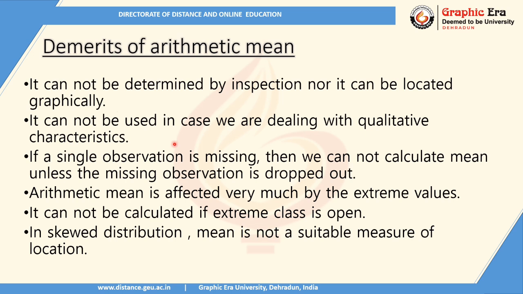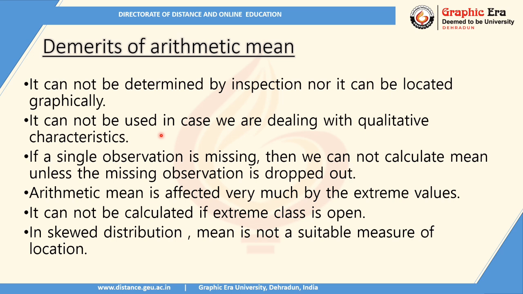It cannot be used in case we are dealing with qualitative characteristics. If there is data which contains only qualities, not quantities, then we cannot use any formula to determine the arithmetic mean.